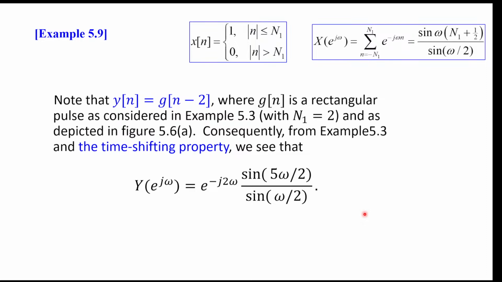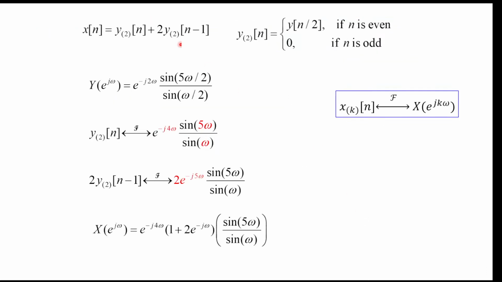Okay, and so we get big Y, and then from big Y we can get big Y sub 2. Big Y sub 2 is big Y, but with a 2 times ω on every ω. So this 2ω becomes 4ω, and this 5ω over 2 becomes 5ω, and this ω over 2 becomes ω.